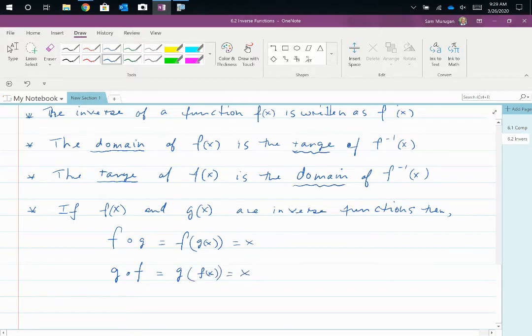These conditions must be met in order for the functions to be considered inverses.